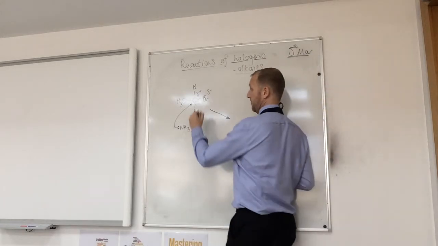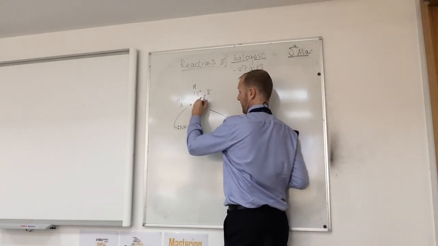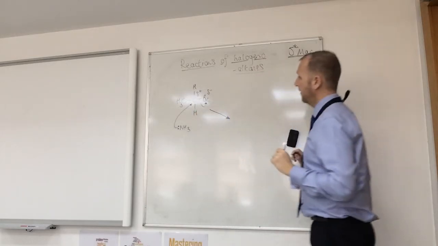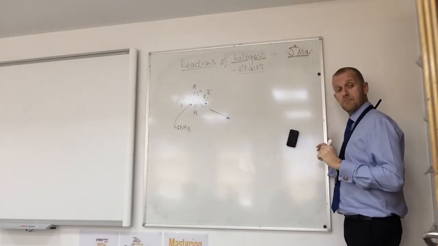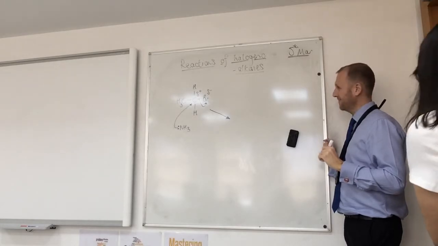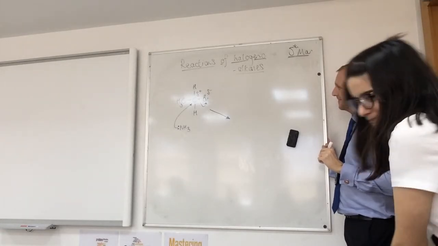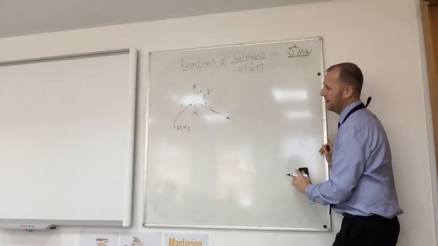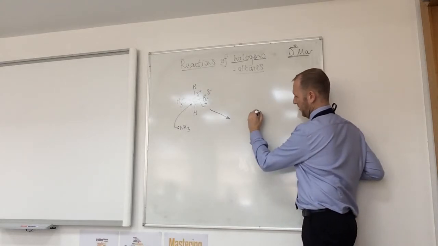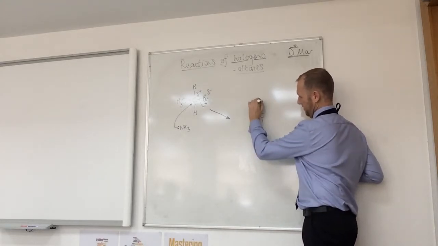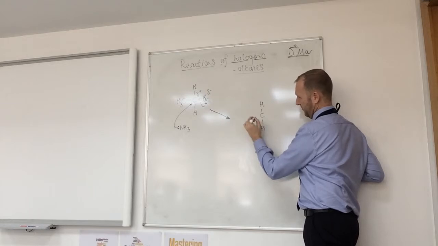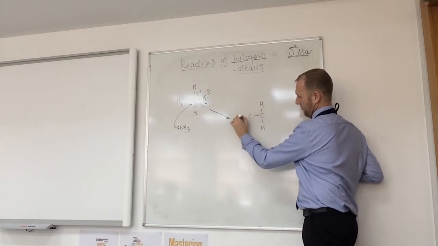You've got the same breaking of the bonds here. That's good. So we've broken the bonds. So what's our next step going to be? Let's have a look. We've got C, H, H, CH3 there.